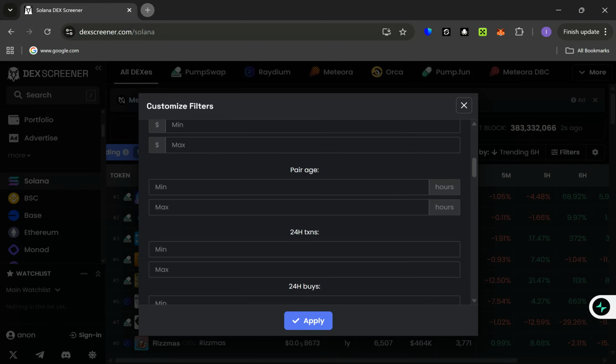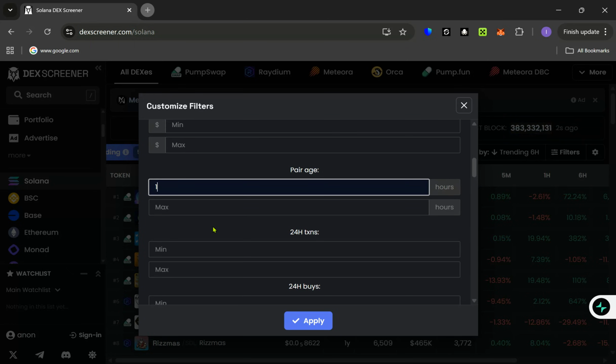And then pair age, mostly the pair age is a minimum of 30 minutes. So for this one, if we want it in hours, maybe just 1 hour minimum.